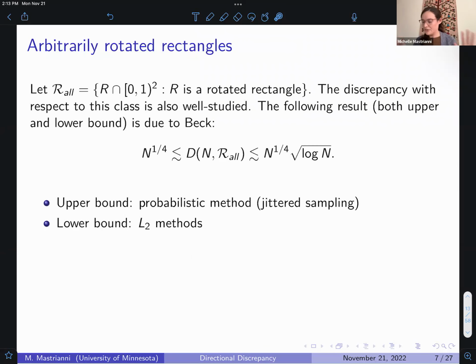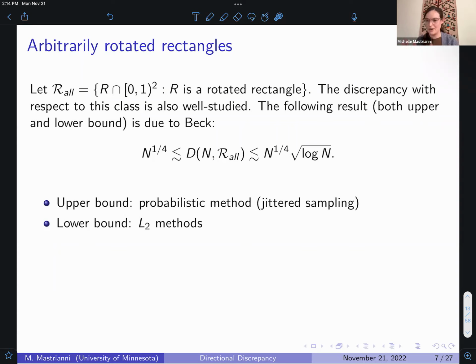So for the rest of the talk, we're going to restrict ourselves to 2 dimensions and study the discrepancy with respect to essentially rotated rectangles in the plane. So we're concerned with classes of sets that consist of rotated rectangles. And the discrepancy with respect to the class of all arbitrarily rotated rectangles is also well studied. So up to now, we've discussed just rotations in one direction.